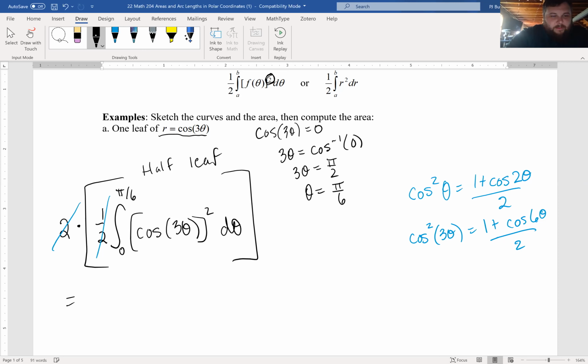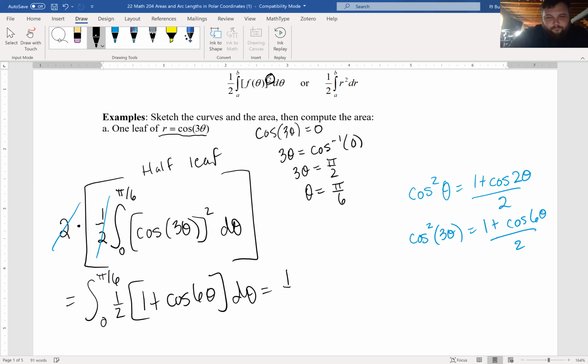So we've now got integral 0 to pi over 6. I am replacing cosine of 3 theta squared with 1/2, 1 plus cosine 6 theta d theta. So the first one is just going to be d theta.